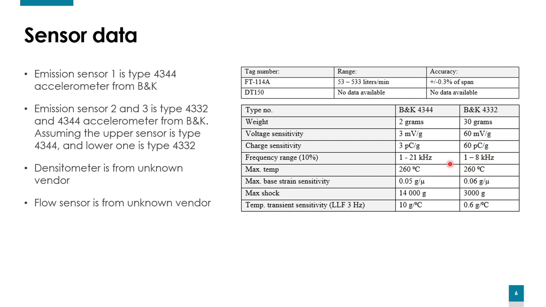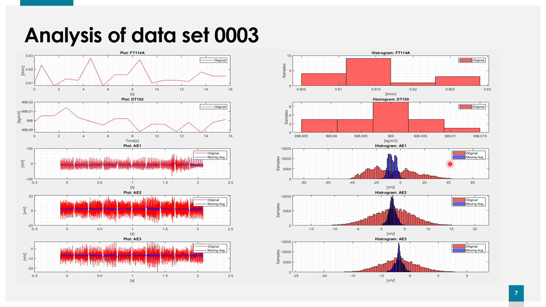Okay, and here we have the data from dataset 3. On the left side you see the raw data plotted, and also the data after it has been through a moving average filter. On the right side we see the histograms that show the distribution of the samples.